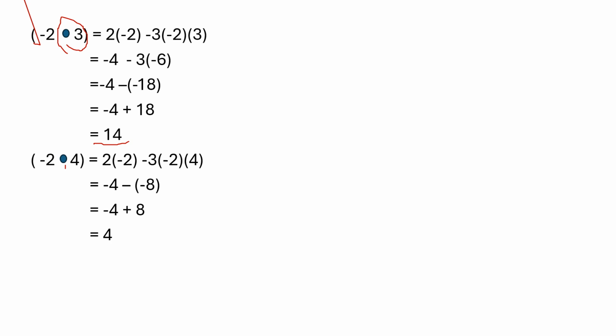So we have to now operate the 4 on 14 using the rule given to the binary operation star. All right, so let's continue. So we have 14 operated on 4 by star, and the rule is negative 3b squared plus 2a, right? So our a here is 14 and our b here is 4.